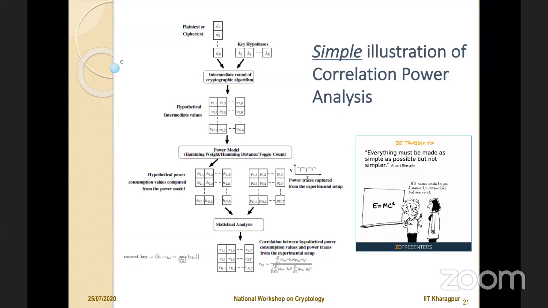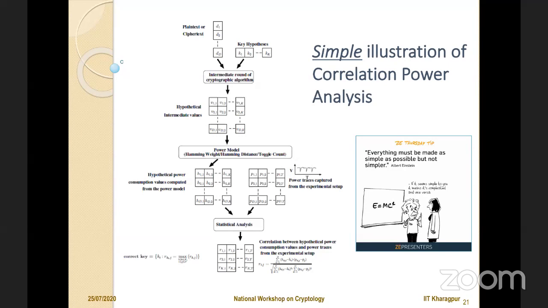It is usually approximated by the Hamming weight of the byte. Suppose the Hamming weight of V11 is 3, where Hamming weight means the number of ones in the byte. Then you denote the hypothetical power by the integer value 3. Hamming weights range from 0 to 8, so there can be 9 possible values.